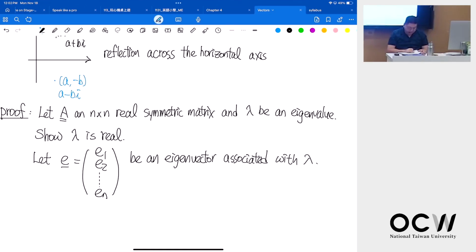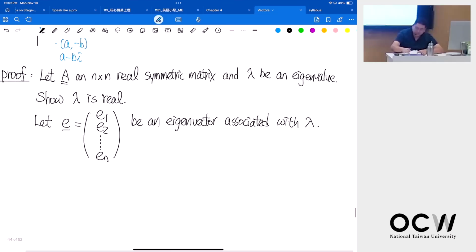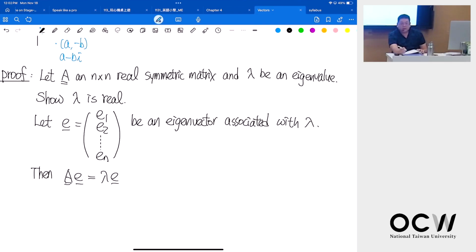Since it is a corresponding eigenvector, then we know A times the vector E should be lambda times E. Right? So far so good.